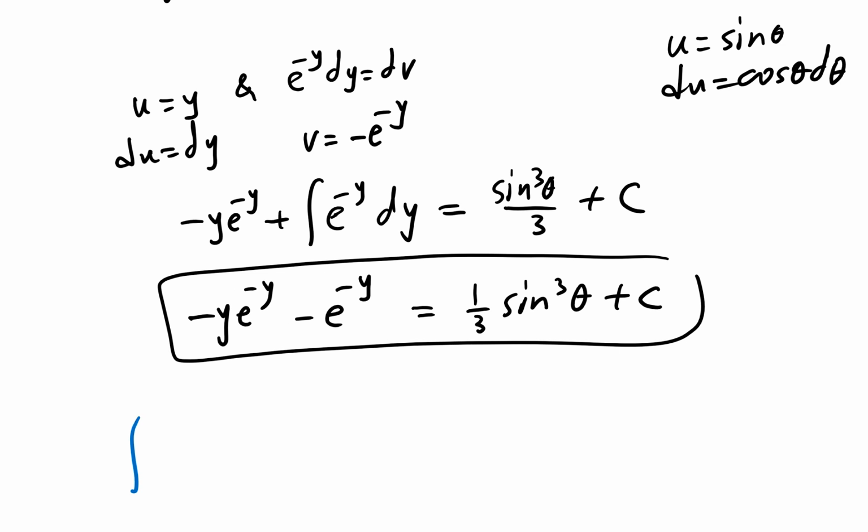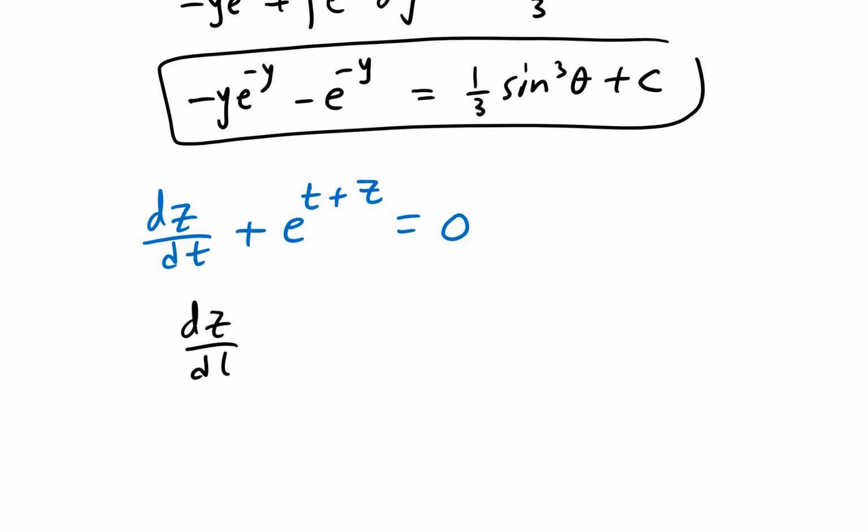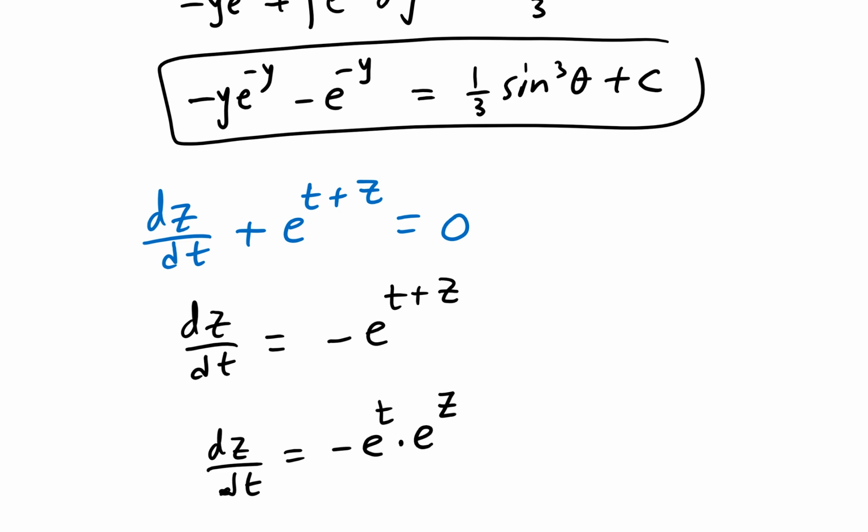Another one, let's say dz/dt plus e to the t plus z equals 0. We're going to solve this differential equation. Same thing, we're going to integrate. First thing I would do, I move this to the other side, or subtract it from both sides. Oh, it looks difficult. How am I going to separate this? Well, with a small algebraic trick, I can separate them. I can rewrite it as e to the t times e to the z.